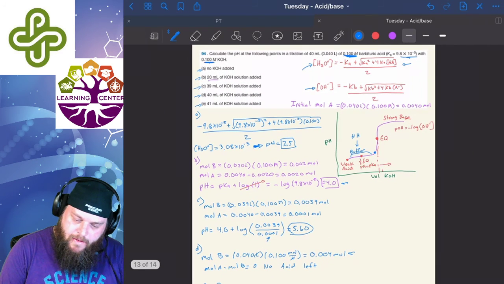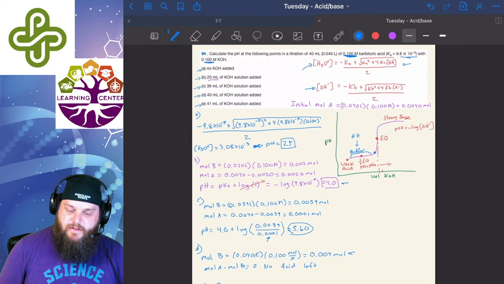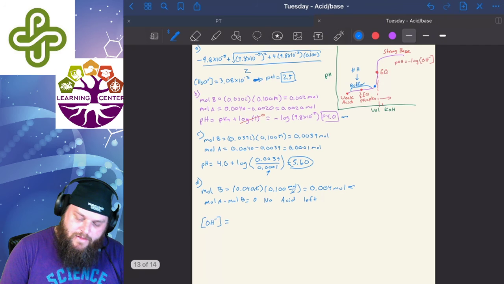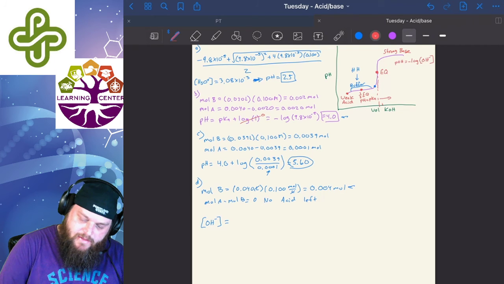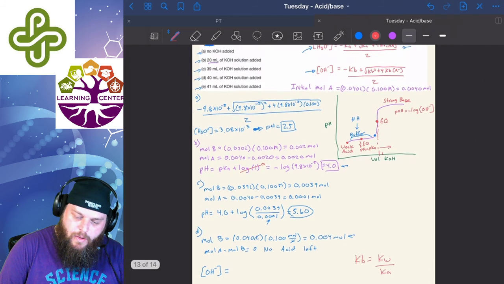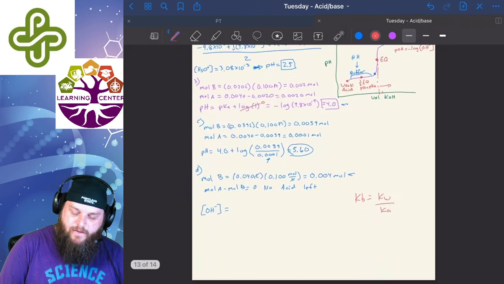Negative Kb plus the square root of Kb squared plus 4 Kb times the concentration of that base, all divided by 2. Now in this case, we need to find out what that Kb is. Kb is equal to the Kw divided by Ka. And we know what Ka is because they gave it to us, 9.8 times 10 to the negative 5.